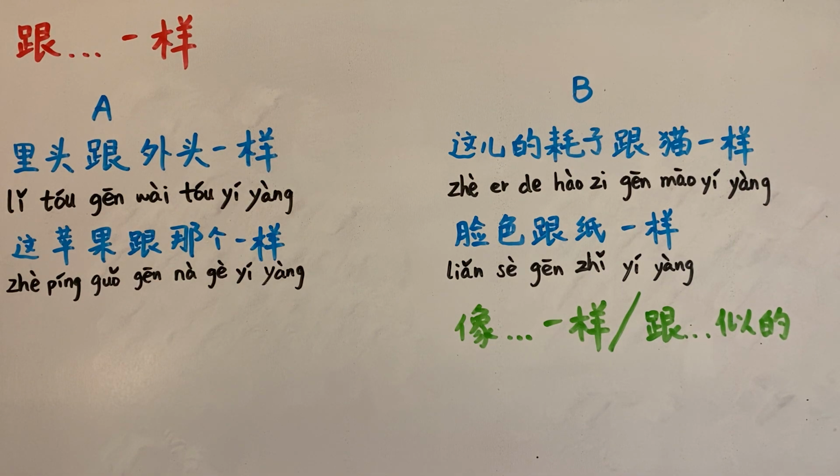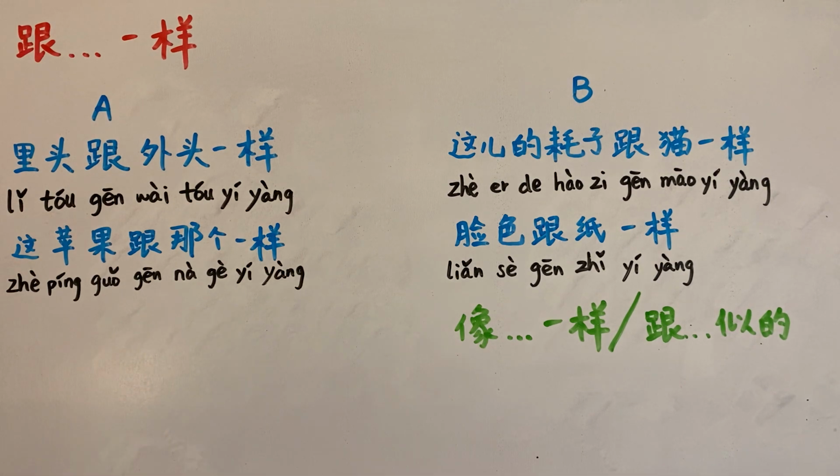Right. So this group B is to make metaphor. It's a rhetorical method to make sentences that compare two different things, right?